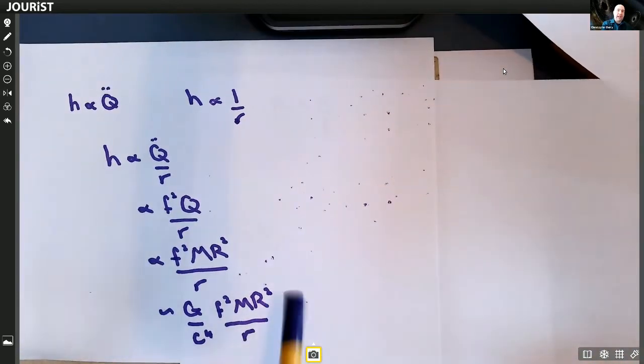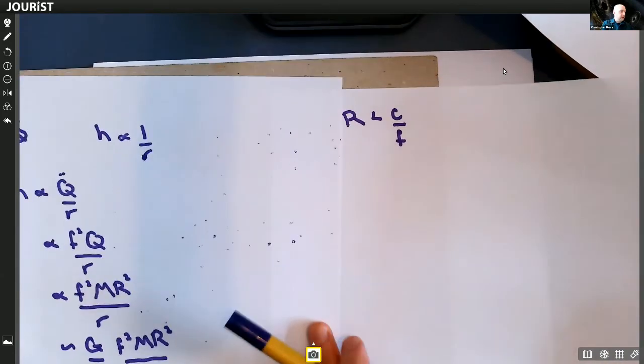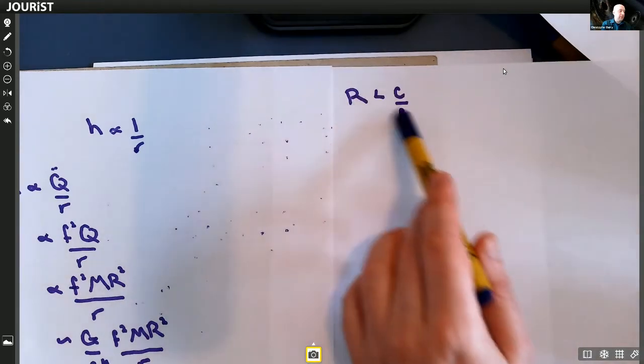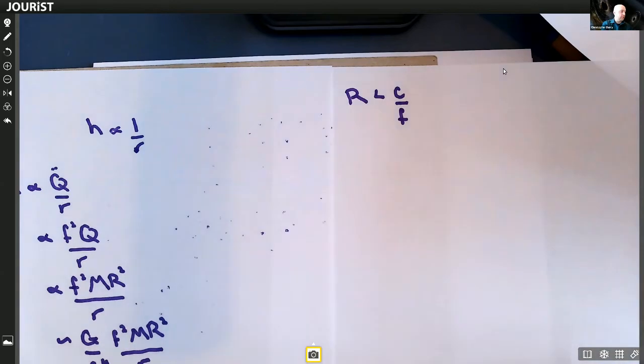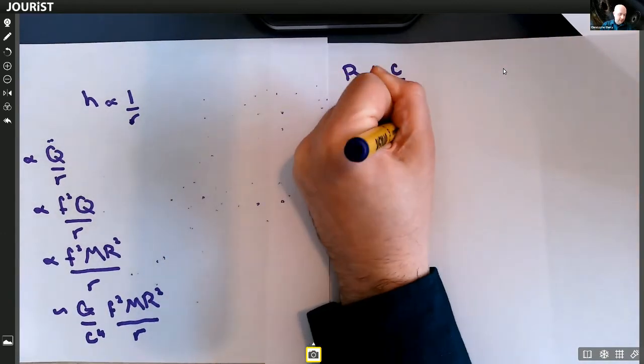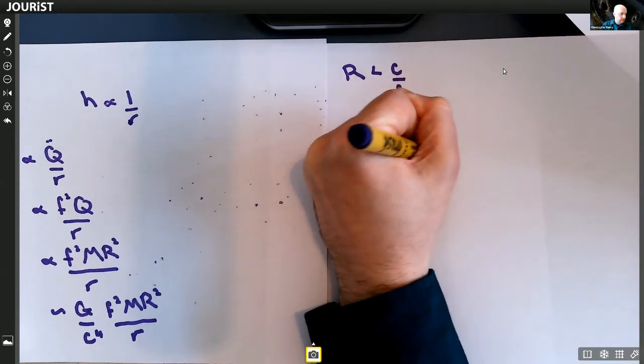We want this to be as large as possible to make it as detectable as possible. We have an argument that the physical size is inversely proportional to the frequency, just from causality. And if we substitute this in to here, we'll find that H needs to be smaller than Gm over c squared over R.